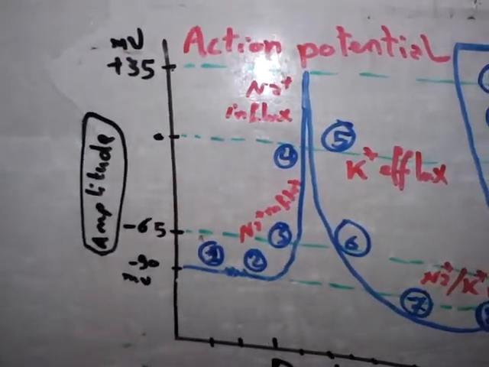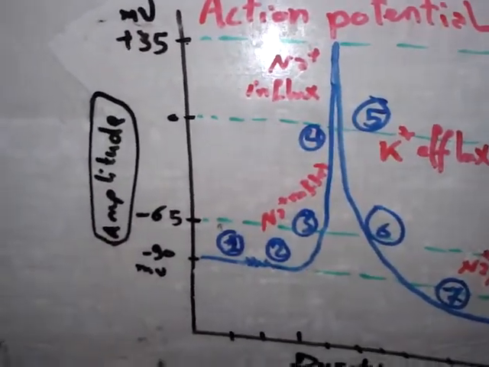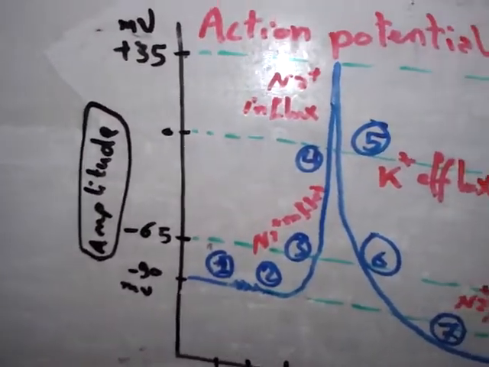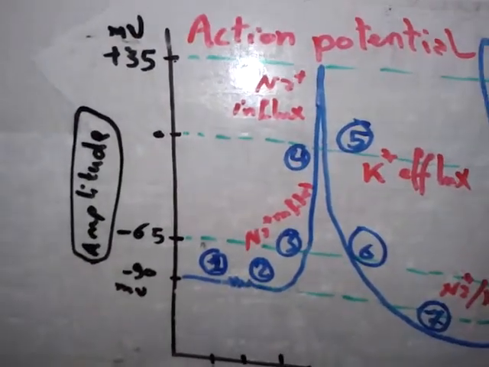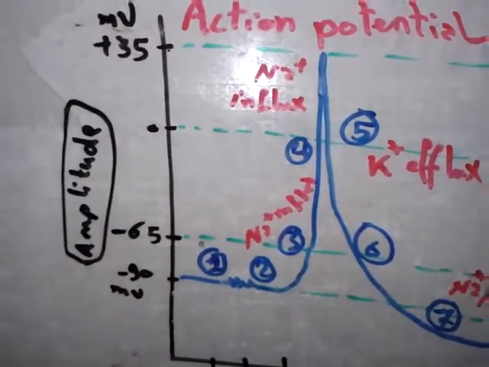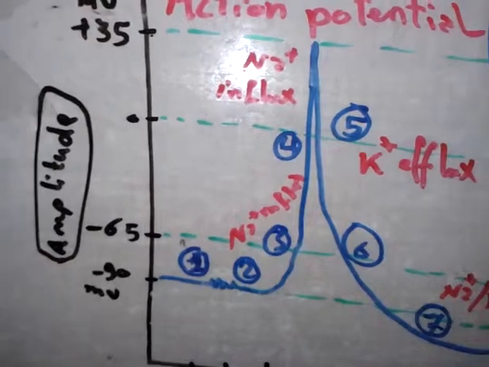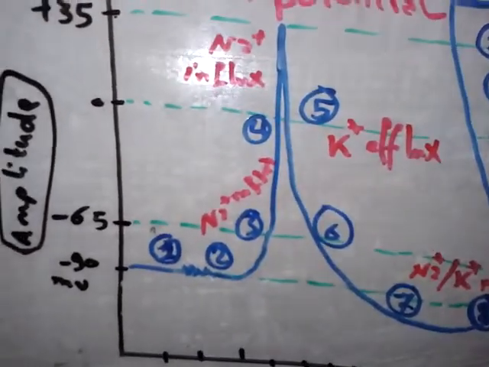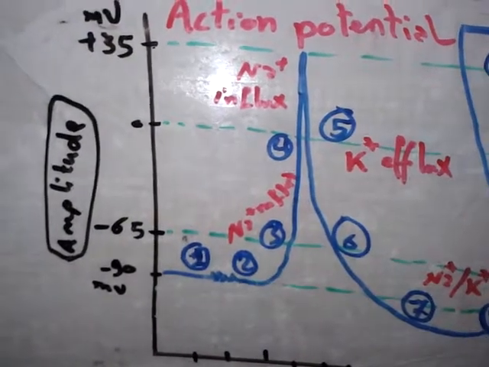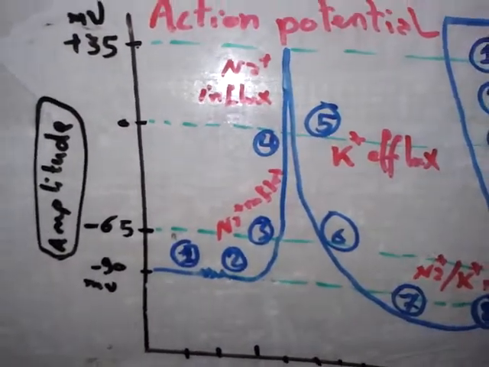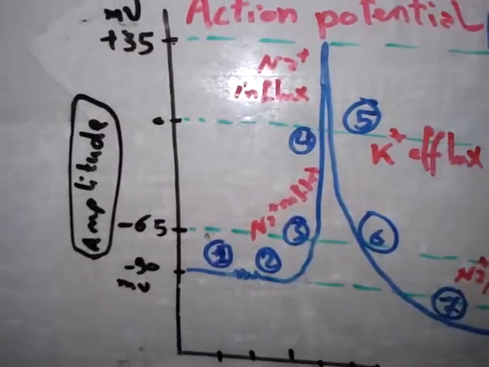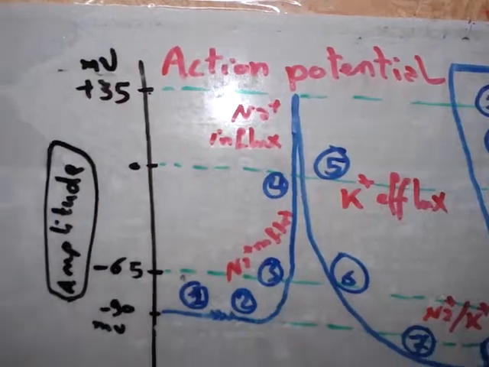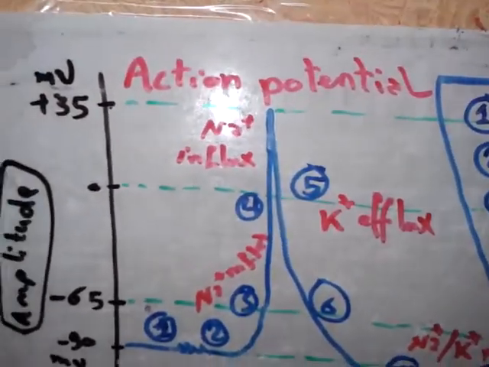Sodium channels start to open. Activation gates of sodium channels start to open. So sodium influx starts to occur, and it is a positive feedback mechanism. Once a sodium channel opens, it helps others to open, till reaching the firing level by this positive feedback mechanism, where almost all sodium channels open, causing sudden ascent to reach the overshoot due to sodium influx.